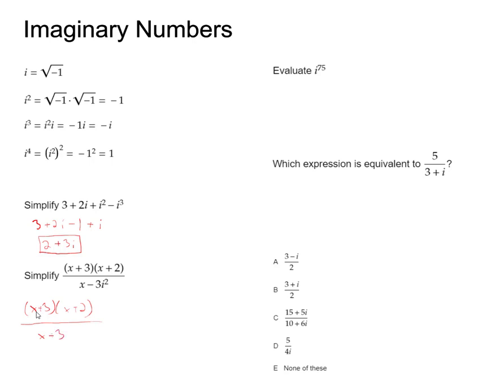That gives us an x plus 3 on the bottom. We can now cancel the x plus 3 in the numerator and the x plus 3 in the denominator, and that will just leave us with x plus 2, as long as x does not equal -3.